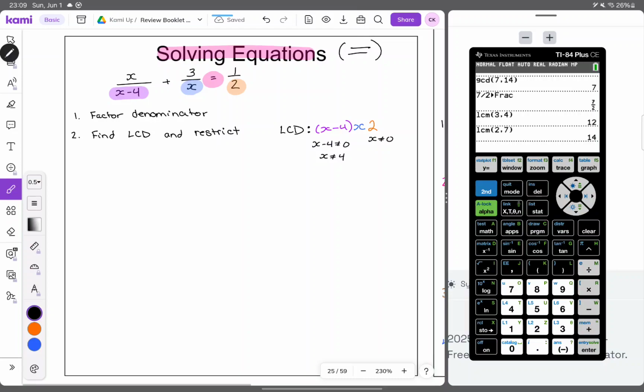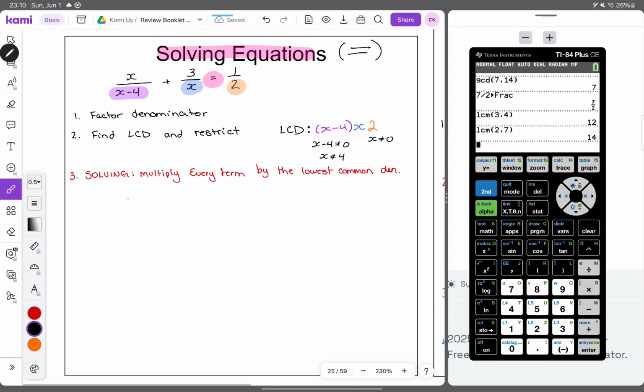All right. So when solving, we are now going to multiply absolutely everything by the lowest common denominator. Again, this is for solving, when we see the equal sign: multiply everything, every term, by the lowest common denominator.